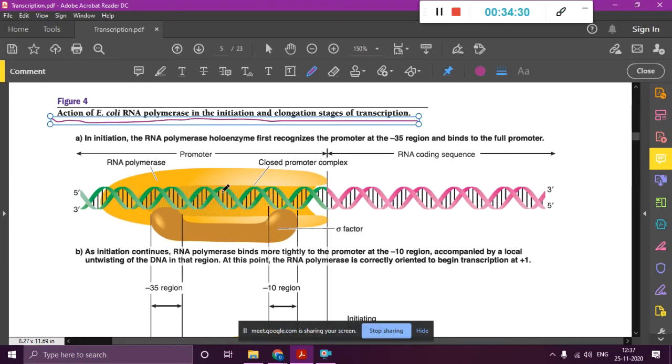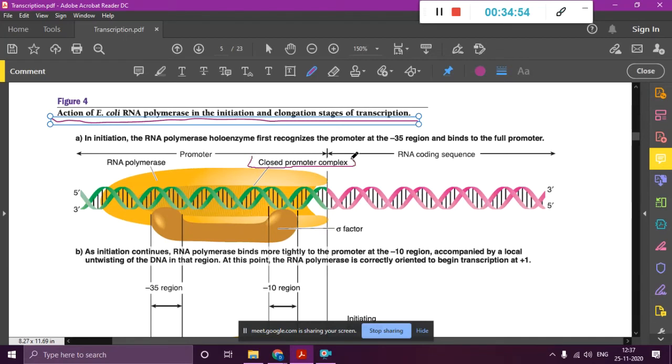Now the DNA is not yet unwound. Recognition takes place. The RNA polymerase holoenzyme first recognizes the promoter at the -35 region and binds to the full promoter. So everything is closed. The DNA is wound and all are bound to the promoter. This is known as the closed promoter complex.